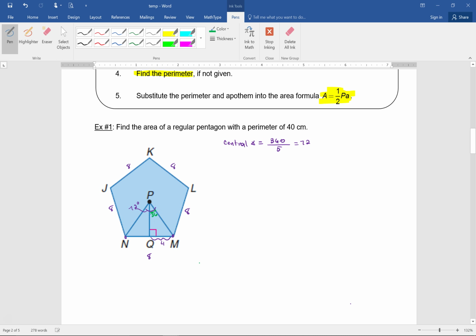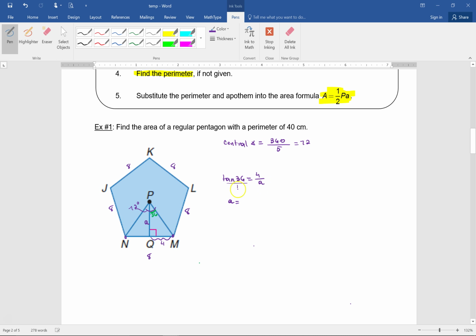Now, can I find the missing side, the apothem? This is A, right? If I need A, I have my angle 36. This is the adjacent side. This is the opposite side. What ratio am I going to use? Tangent. Tangent of 36 is equal to 4 over A. That means what's A?